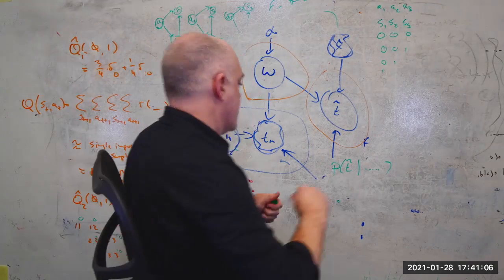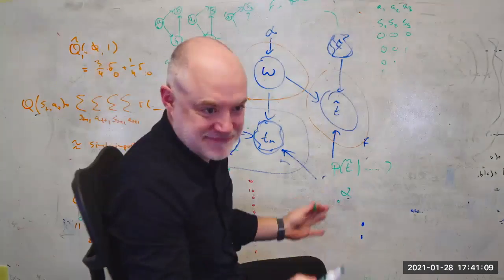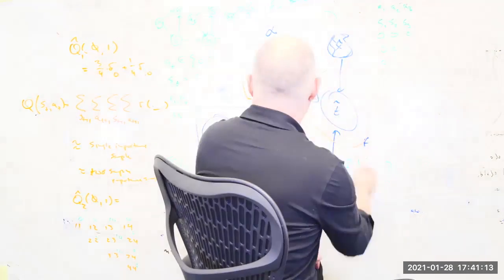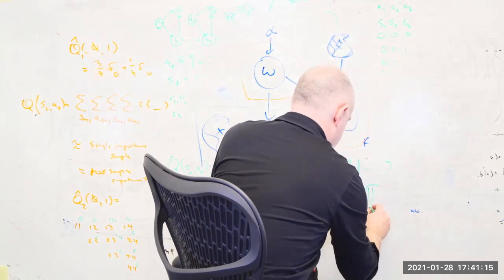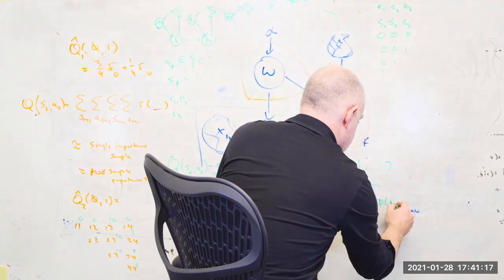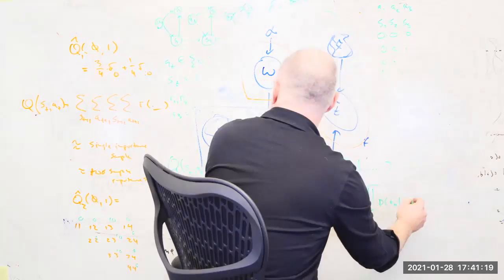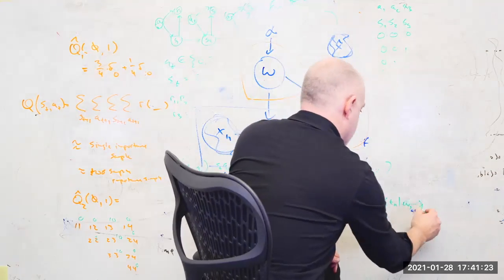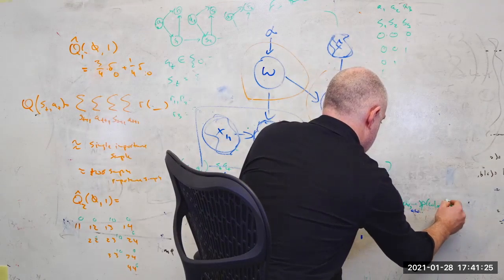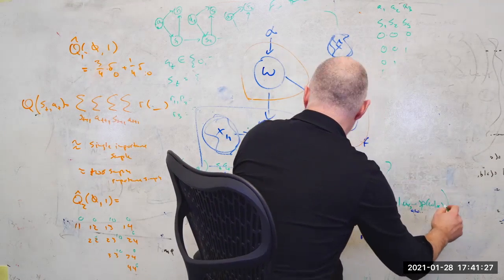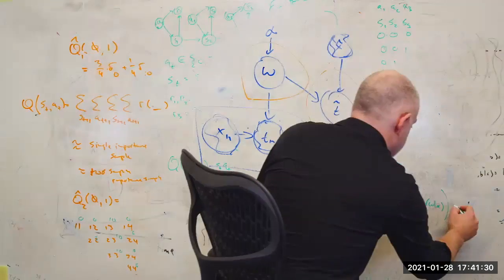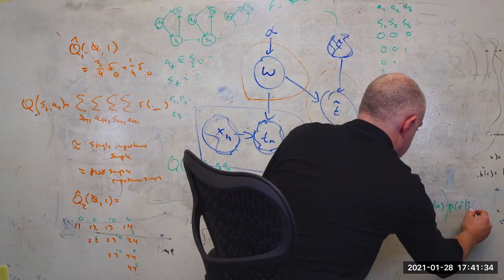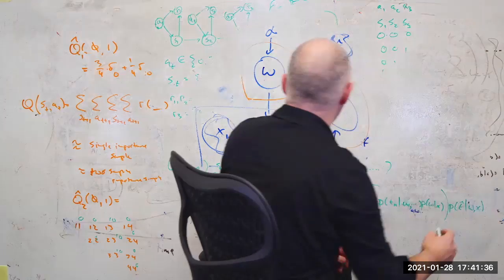We know that's proportional to the joint. So we can write down the whole thing: the product over n of P of Tn given W, and P of W given alpha, and then P of T hat given W and X hat.